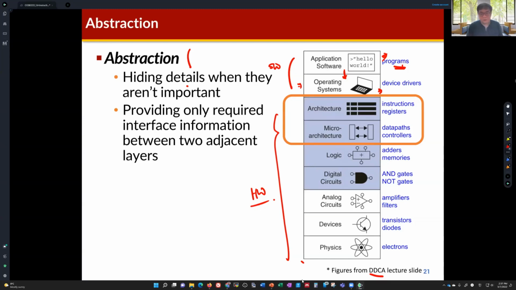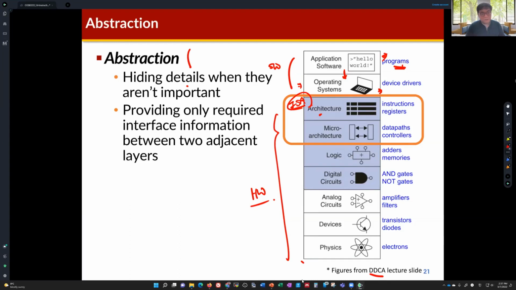Okay, and then under the operating system, there is an architecture layer here. Usually this architecture layer is the instruction set architecture and other components, like computer system architecture. I will explain about the computer system architecture later. And then under this layer, you can find the microarchitecture.